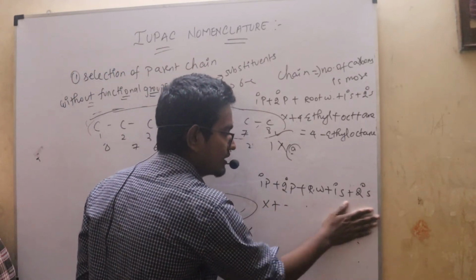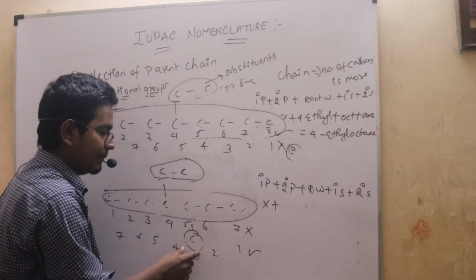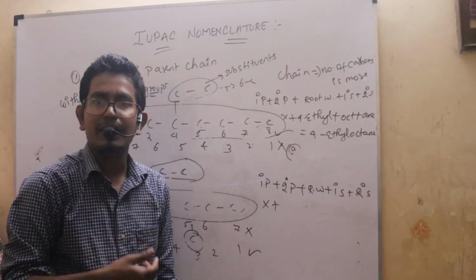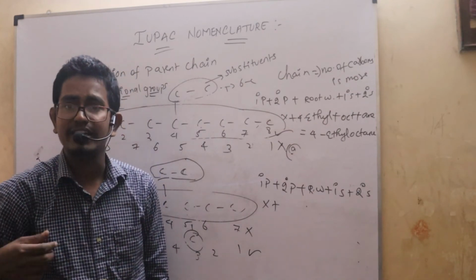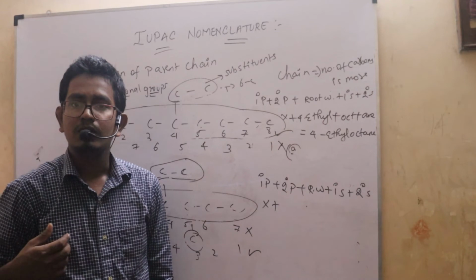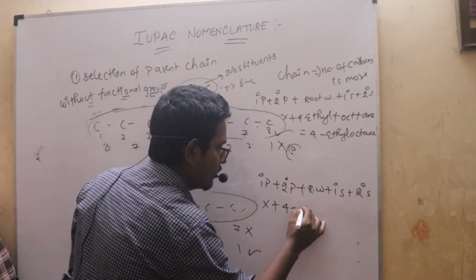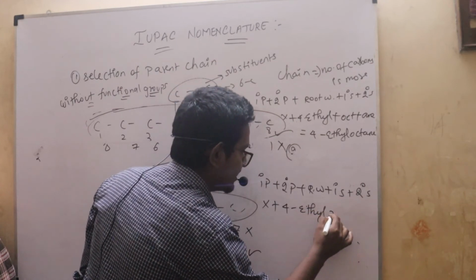So as a substituent is getting the least number, it doesn't mean that we should write it first, right? Okay. So we write 4 ethyl, 3 methyl.